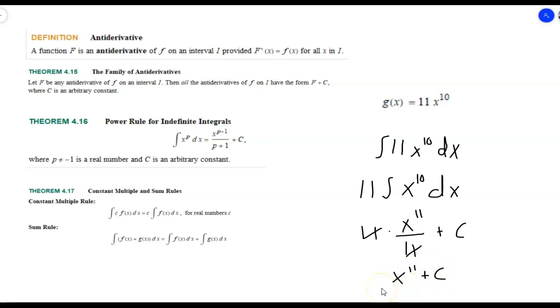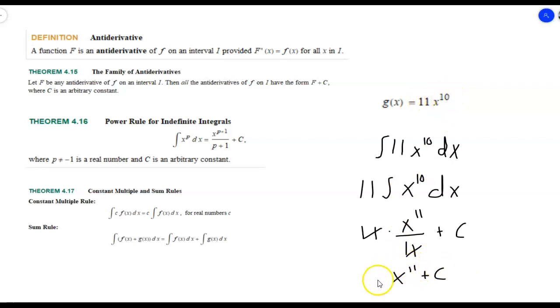So what does that mean? It means that any function in the form of x to the 11th plus a constant, so x to the 11th plus e, x to the 11th plus 100, x to the 11th minus 1,000, if I take the derivative of any of those functions, I get my original one back.